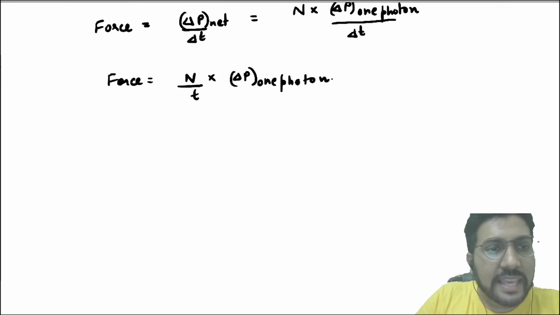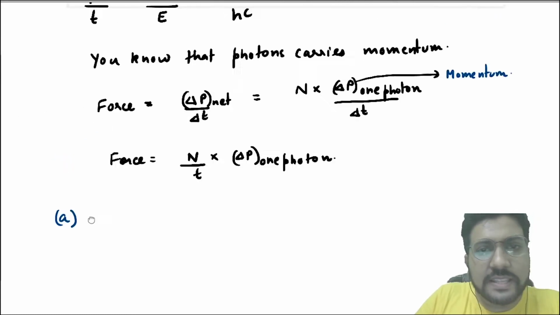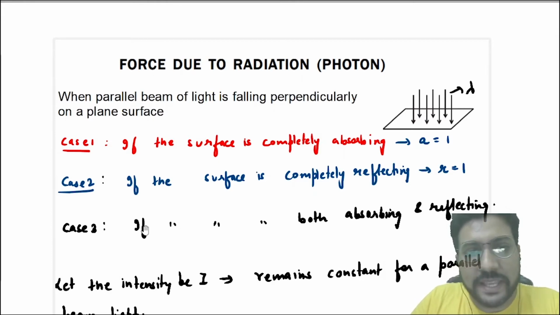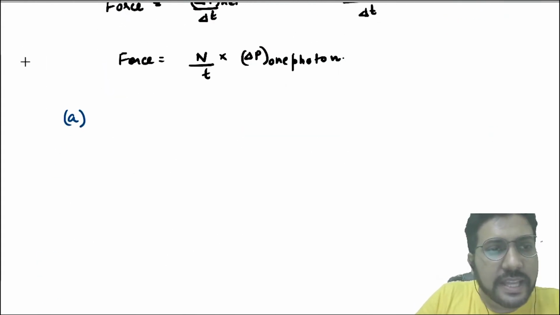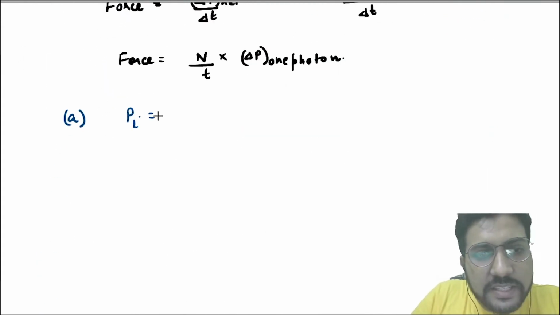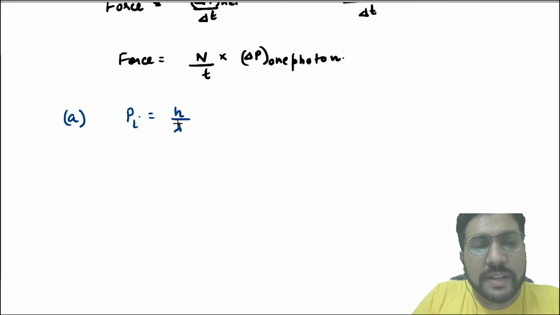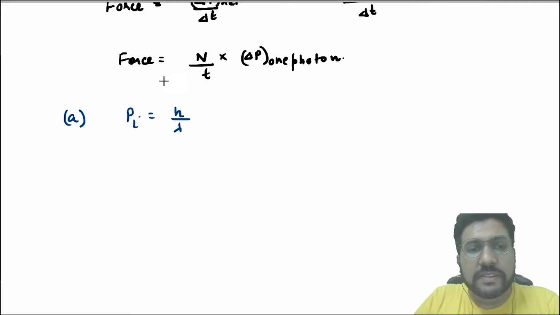So case A, when the surface is completely absorbing, in that case P initial is h by lambda. We have already discussed this, so if you have any problem understanding it, look at my previous video again.